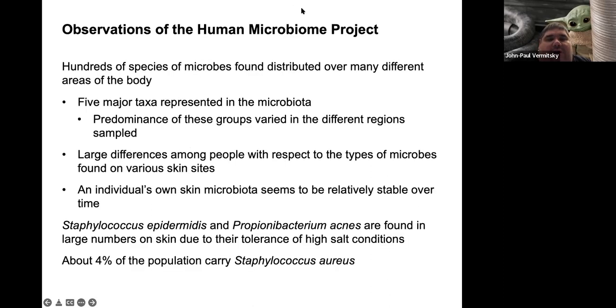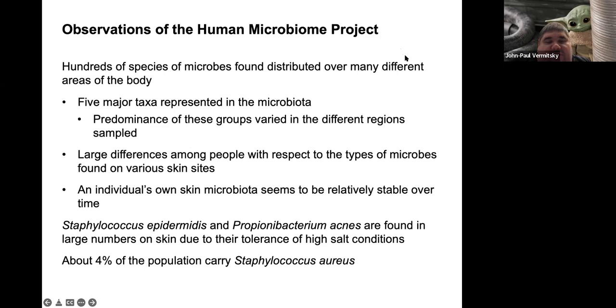Now, hundreds of species of microbes are found distributed over many different areas of the body, and there are 5 major taxa represented in the microbiota. This is what the Human Microbiome Project has given us so far. Predominance of these groups varies in the different regions sampled. There are large differences among people with respect to the types of microbes found in various skin sites.